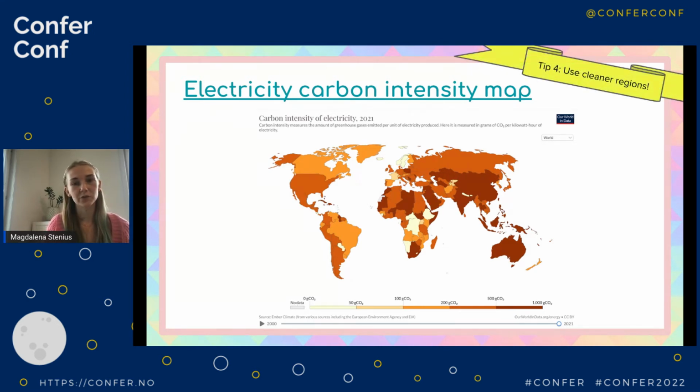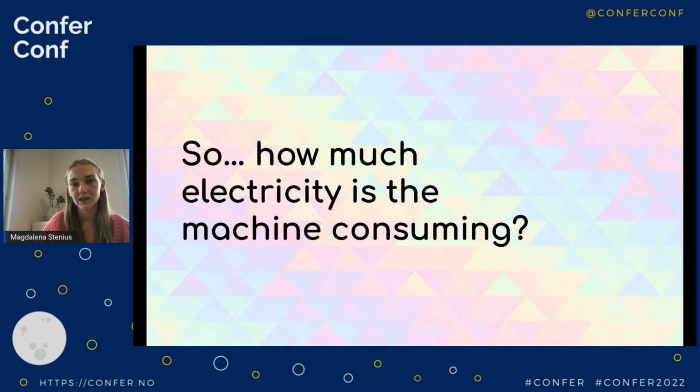When you're using cloud compute, do look at the regions you're using and do choose those cleaner regions. You can find data on this, for example, on ourworldindata.org. Also, Cloud Carbon Footprint has a nice initiative about this. So this is really an easy way to impact your carbon footprint. So then, how much electricity is the machine actually consuming?